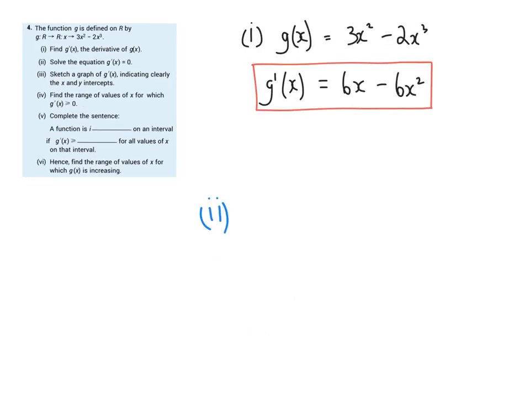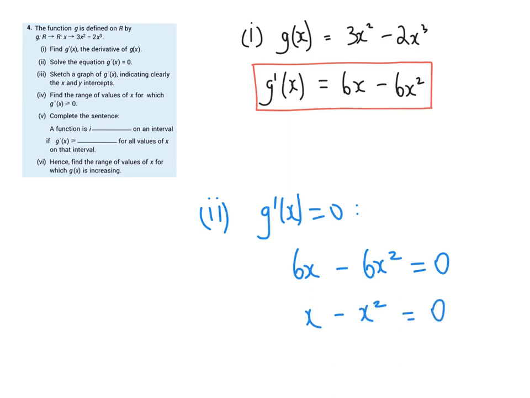In part 2, we're asked to put this equal to 0 to solve for x. So g prime of x equal to 0 is 6x minus 6x squared equal to 0. I can divide across by 6, which leaves x minus x squared equal to 0.